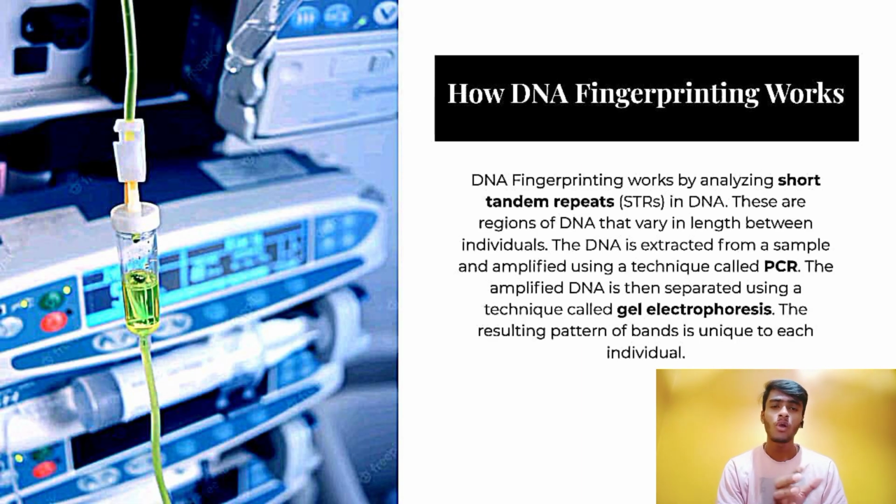Now let us know how DNA fingerprinting works. DNA fingerprinting works by analyzing short tandem repeats, called STRs, in the DNA. These are regions of the DNA that can vary in length between individuals. The DNA is extracted from a sample and amplified using a technique called PCR.